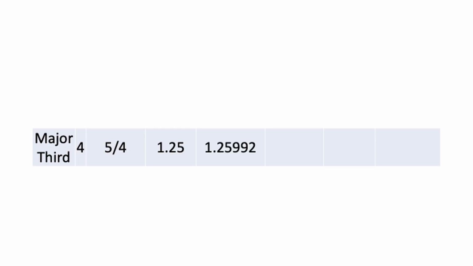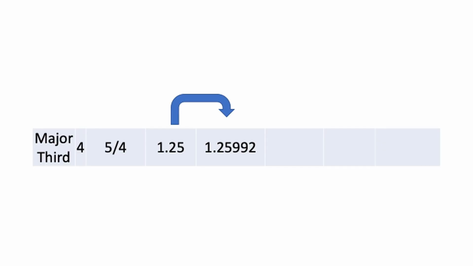So, for a major third, a distance of 4 semitones, you have a ratio of 5:4, which in decimal is 1.25, compared to the equal temperament ratio of 1.25992 and change. This difference is measured in something called cents.